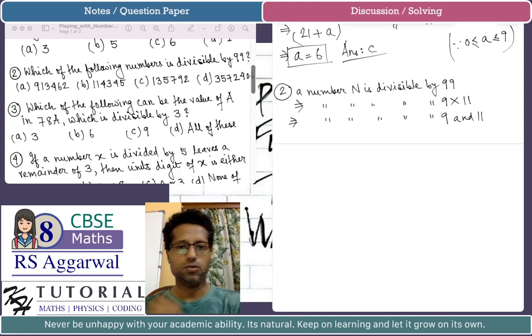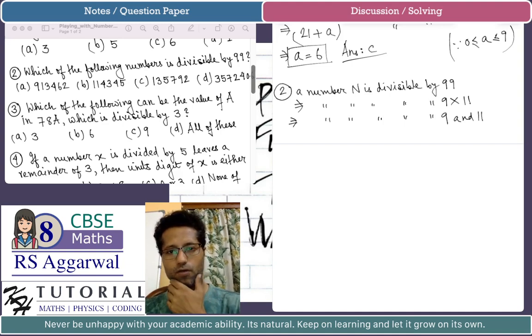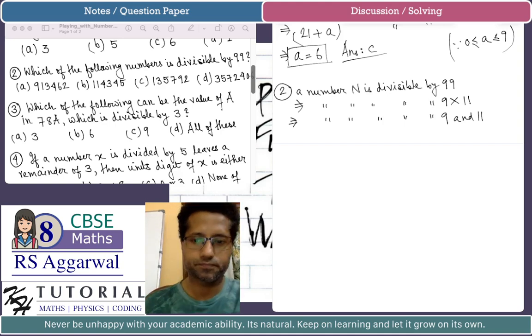So we have to check, of all the numbers given as the choices, which one is divisible by both 9 and 11.